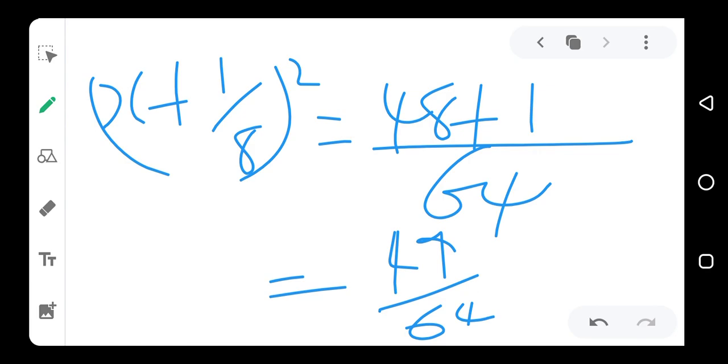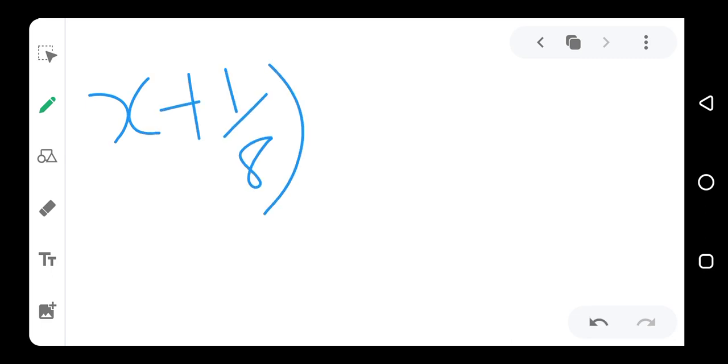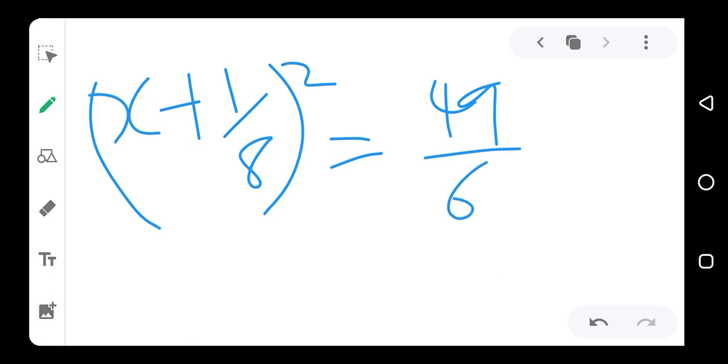So the final thing there is x plus 1 over 8 squared is equal to 49 over 64. Now with this, we go to our final step, step 8.